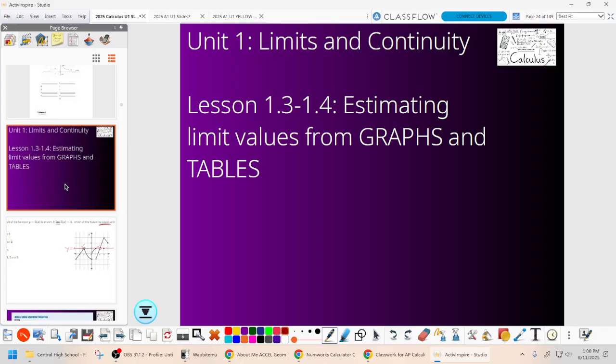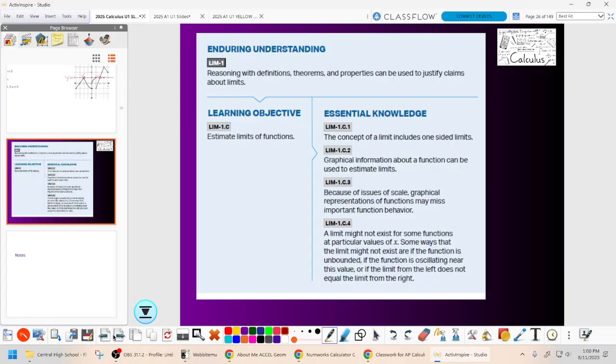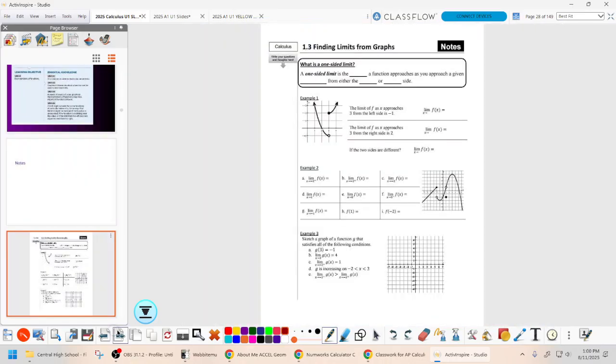Today we're going to try to do 2 sections because they're pretty closely related: estimating limits from graphs, but also tables. You will need a calculator for the tables part, and a graphing calculator is way easier for this.